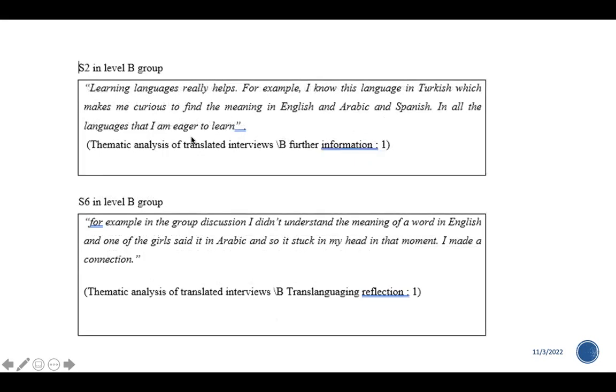This is a snapshot of the reflections. S2, for example, says that learning languages really helps. For example, I love this language. I know this language in Turkish, but it makes me curious to find the meaning in English, in Arabic, and Spanish, in all the languages that I'm eager to learn. So in the two groups, students were not only using their home language, Arabic, they were also using their very basic knowledge of Turkish and Spanish.